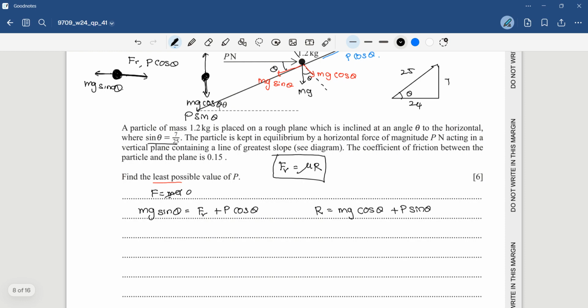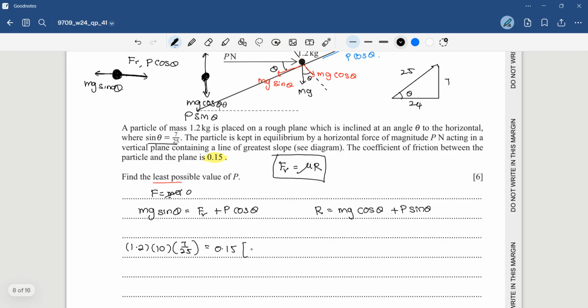Okay, now we sub in everything. So my m here is 1.2, g is 10, sine theta is 7 over 25, and my mu is 0.15. You can refer here.